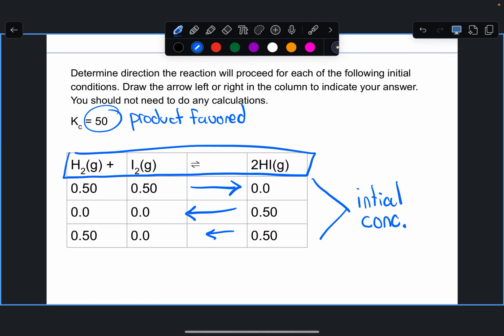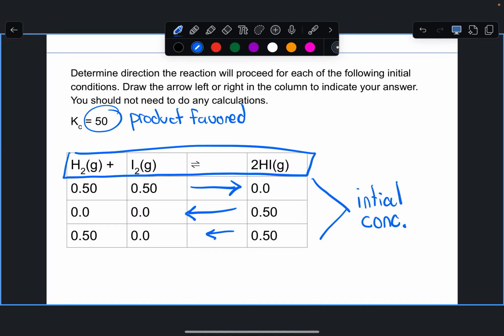Okay? So takeaway from this slide is that anytime you have 0 of one of the chemicals, the reaction will always proceed in whichever direction will make more of that chemical, the one that's 0. So in the first one, I've got to make some product. In the second one, I'm going to go backwards and make some reactant.